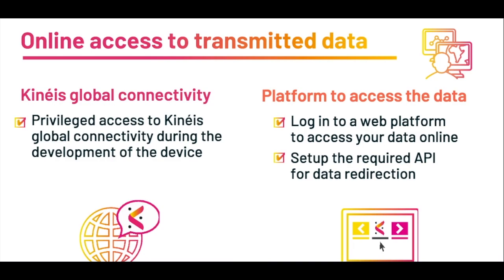You can do your test with this privileged access. And then you have access to the platform. You log in to access your data online. But you can also start to set up the required APIs for data redirection. So you can already redirect all the incoming data that you transmit with the device to your own platform that will be customized for your use case.